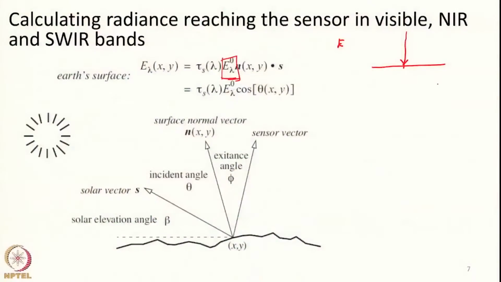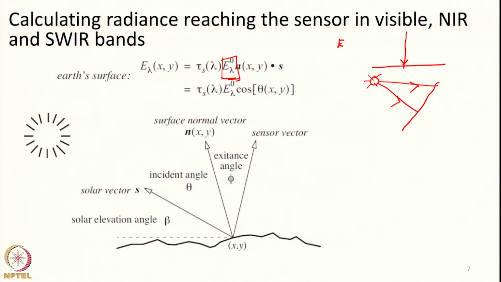Let us say there is a small slope and the sun's radiation is coming in from a certain angle, like this. So, whatever energy is coming in from the sun will be modified for this solar geometry effect.